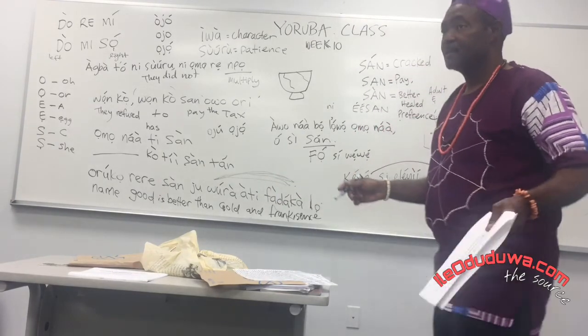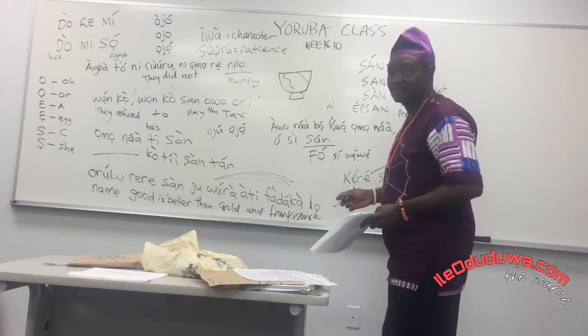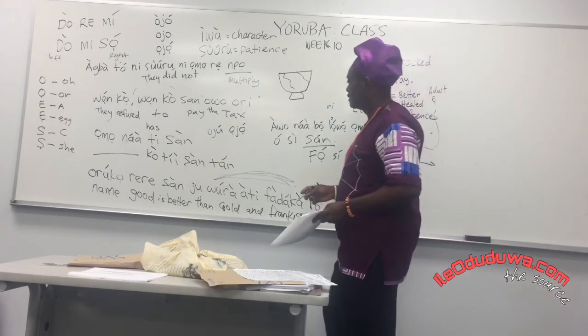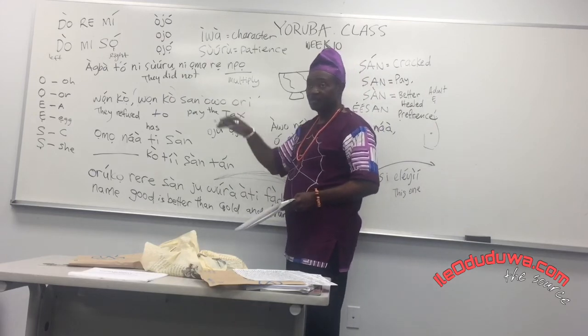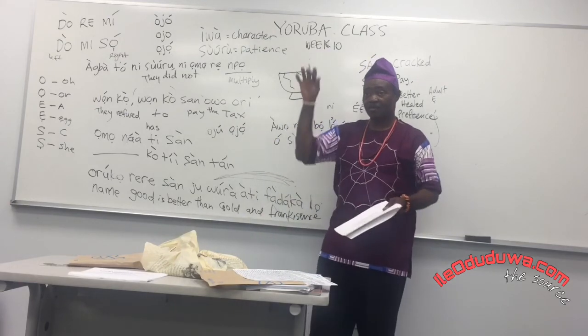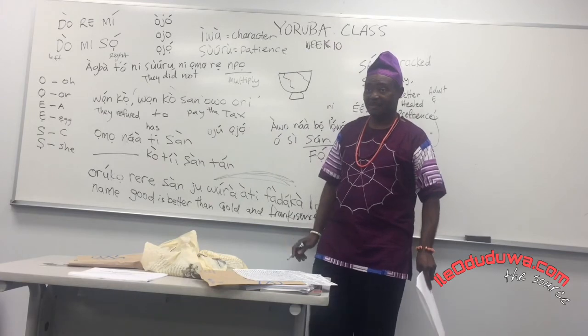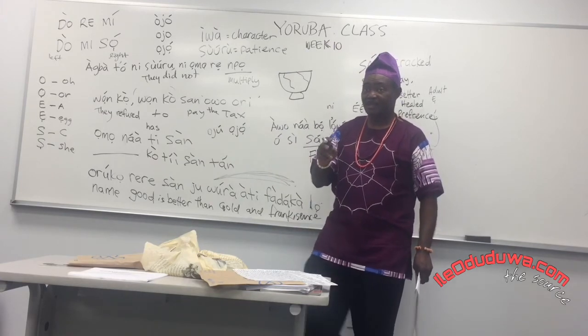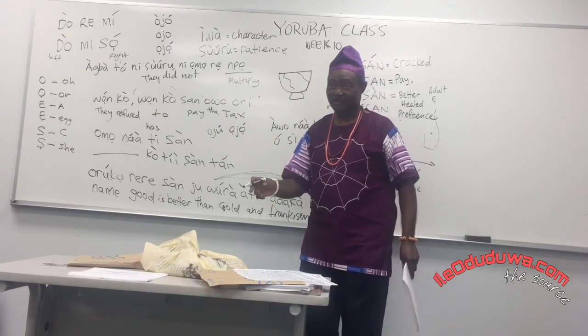You see? Oòrùn yọ. The sun has risen. And they relate the sun with the dew, the morning dew. When the sun comes out, the morning dew disperses, right? And that's actually a proverb and also incantation and also affirmation.